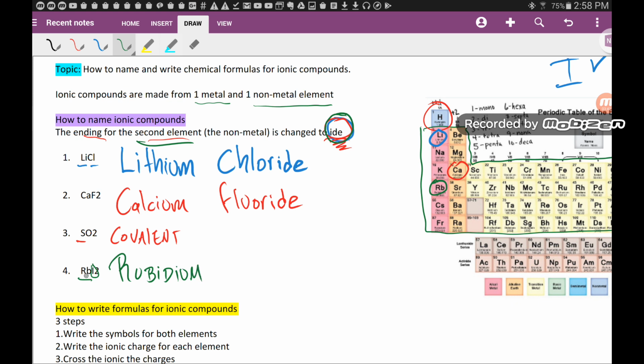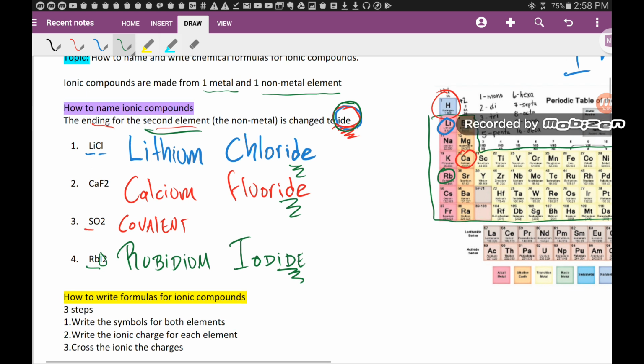Okay, and we're gonna change the ending to IDE. So we're gonna say iodide. Okay, change the ending to IDE. That is all we have to do. Super easy to name ionic compounds.